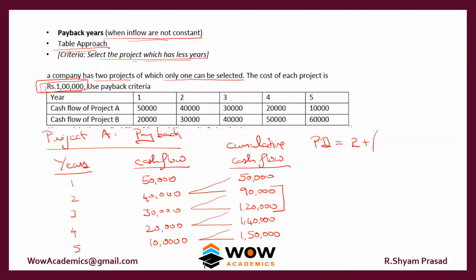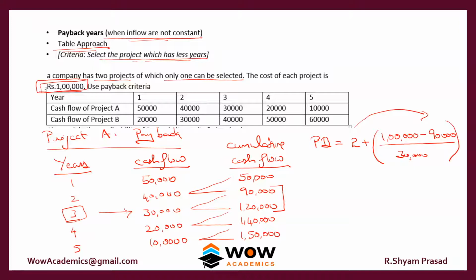So we'll open a bracket. Total investment was 1 lakh. Out of that, in the second year, how much have you recovered? You have already recovered 50 plus 40, so 90,000 has been recovered. In the third year alone, how much cash flow are you going to get? 30,000.